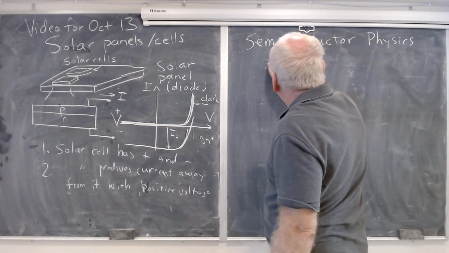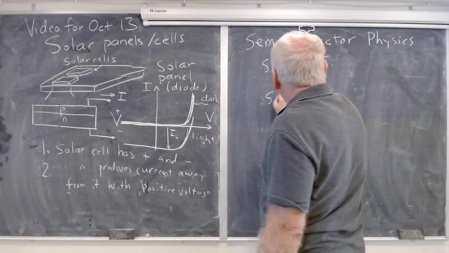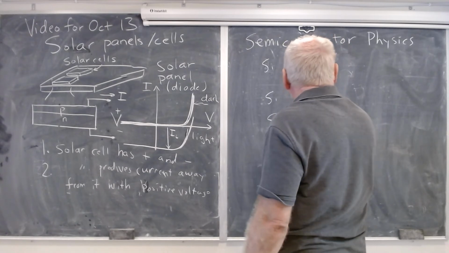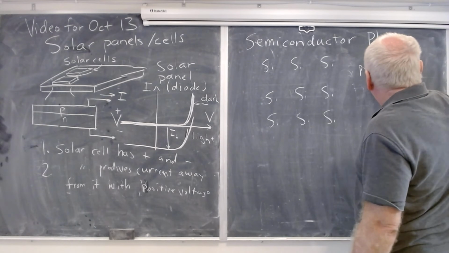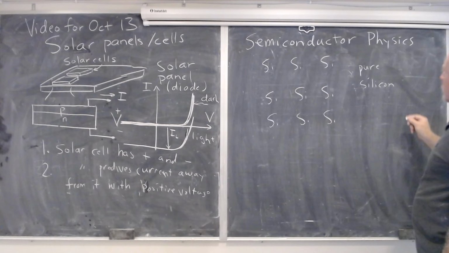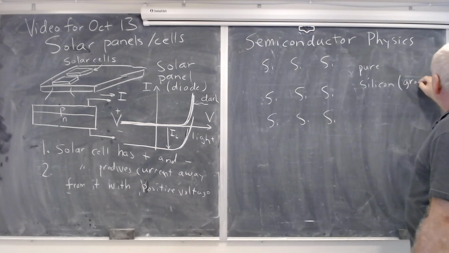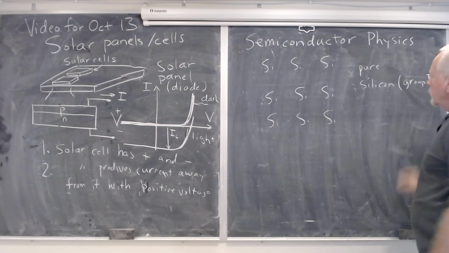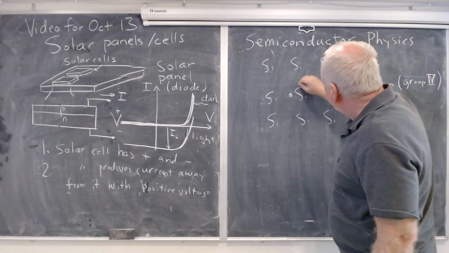And so you know that if I take silicon, pure silicon, silicon is group 4. Now, what group 4 means is that it has 4 valence electrons.